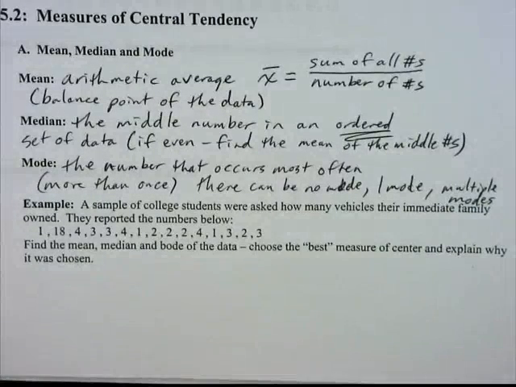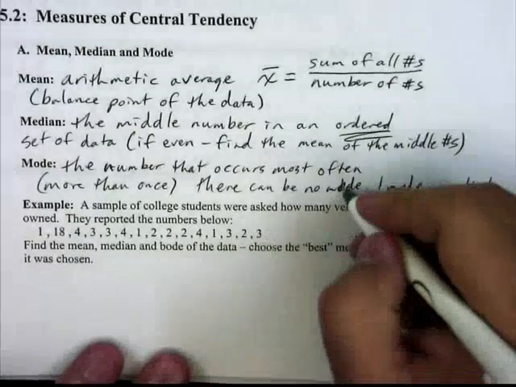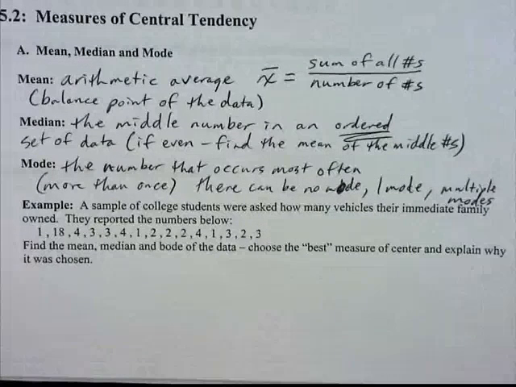If you have all the numbers and they're just listed once, then there would be no mode to that set of data because there's nothing that occurs more often than once. If you have just one number that occurs most often, that would be your mode. Sometimes you'll get numbers where there's several of them that all occur the same number of times, and it's the most often. And those could all be the modes.